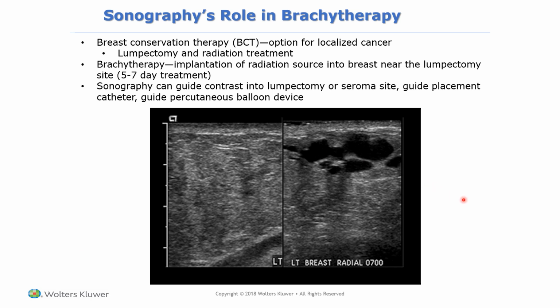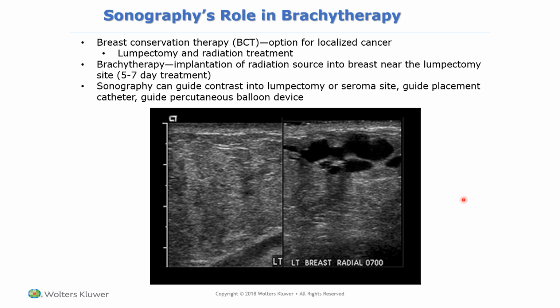We can also have a role in brachytherapy. It's called breast conservation therapy, or BCT, and this is an option for localized cancer where they utilize a lumpectomy and radiation treatment. Then we have brachytherapy, which is the implantation of a radiation source into the breast near the lumpectomy after the treatment.